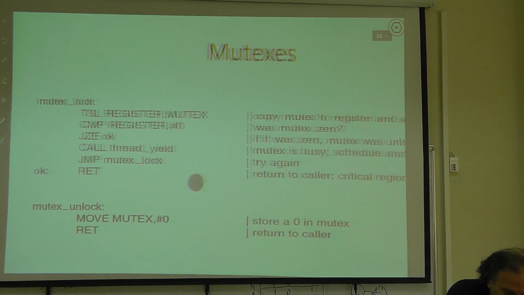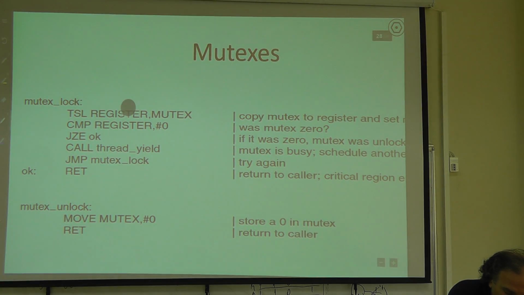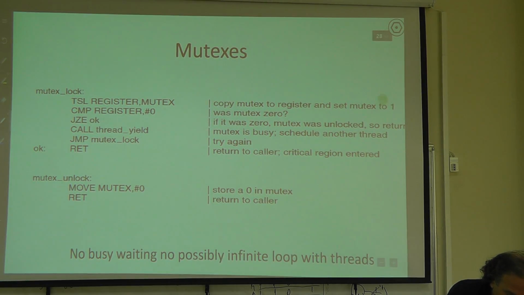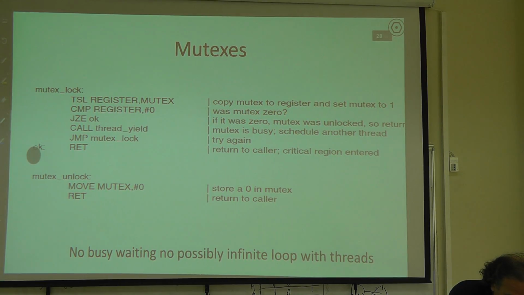It copies the value of this mutex to the register and sets its value to 1, and it is done atomically. And then we compare the register if it is 0. If the register is 0, that means that nobody used the mutex before, so nobody locked it. So we go to OK and we return.